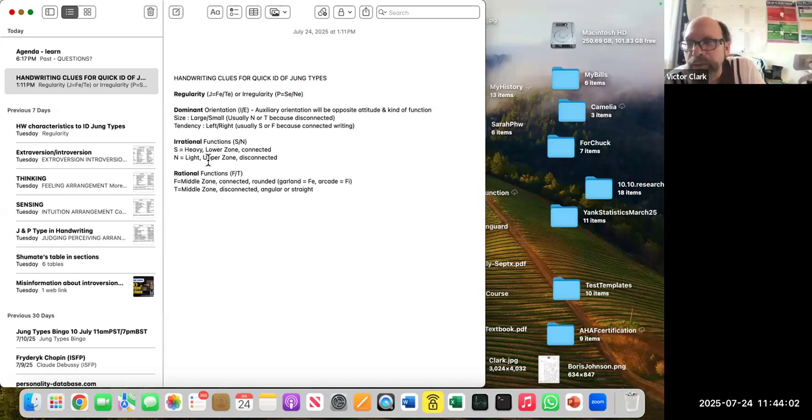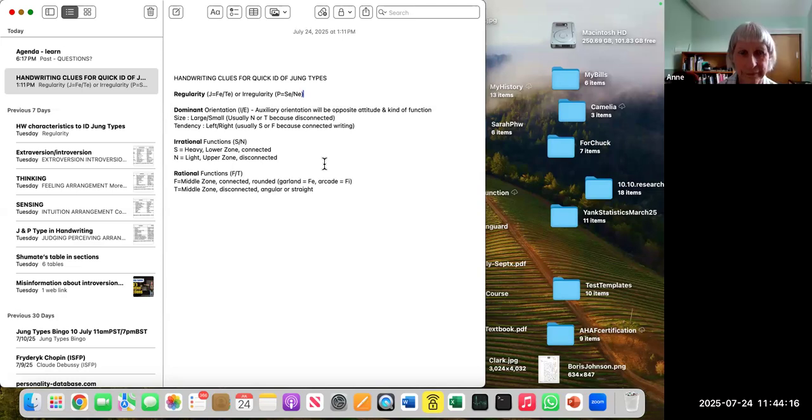Then you're going to find it'll be more moderate. It'll be kind of heavy, but not excessively heavy. So what you look for is lower zone emphasis for the sensing function.